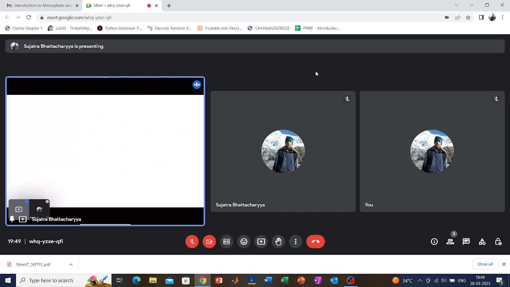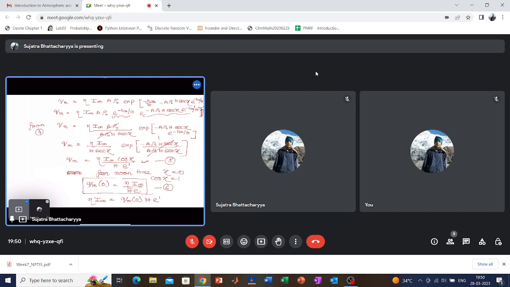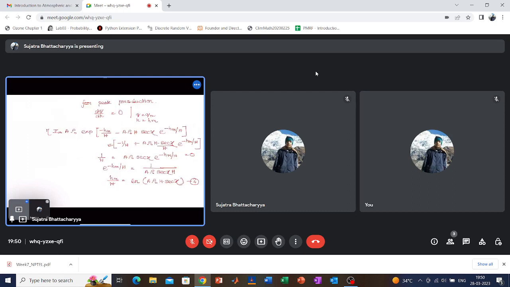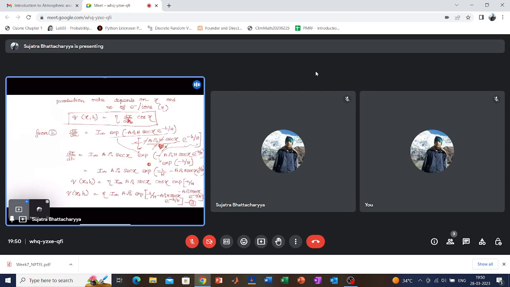Okay, so now I will write Q, which is a function of chi and h, is actually what? Because Q we have written already, just a minute, where I have written Q, this one, from equation 3.